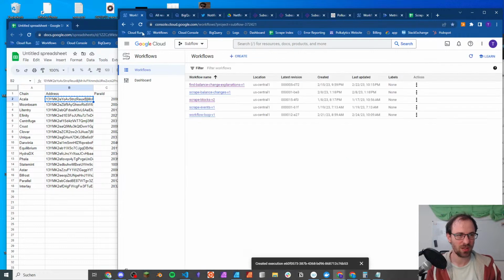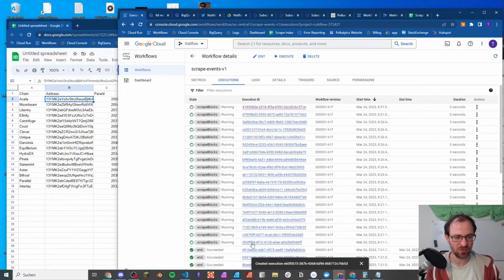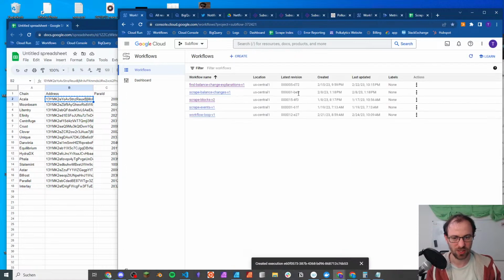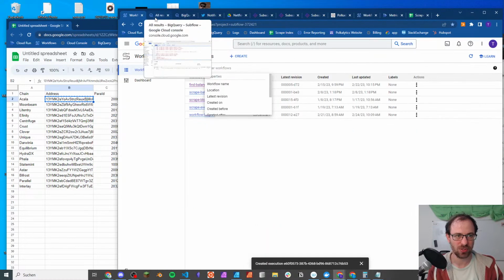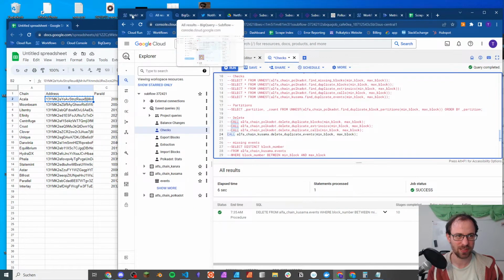For example, right now you can see that there are 20 processes running, scraping Polkadot and Kusama at the same time. There are about 5-6 virtual machines running at the same time, executing this call, gathering data and putting it in this BigQuery database.